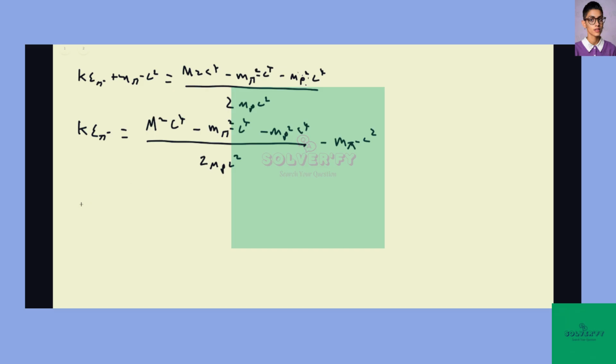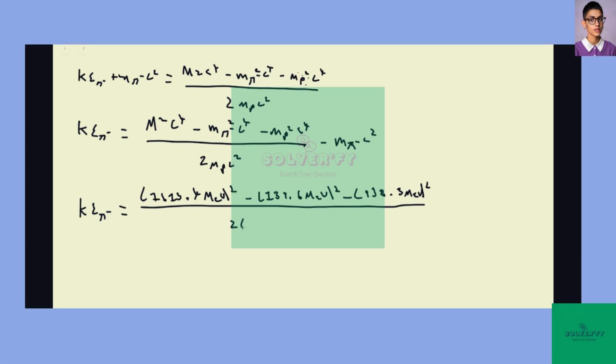So the minimum kinetic energy of the pion is going to be equal to 1613.4 MeV squared minus 139.6 MeV squared minus 938.3 MeV squared, divided by 2 times 938.3 MeV minus 139.6 MeV.